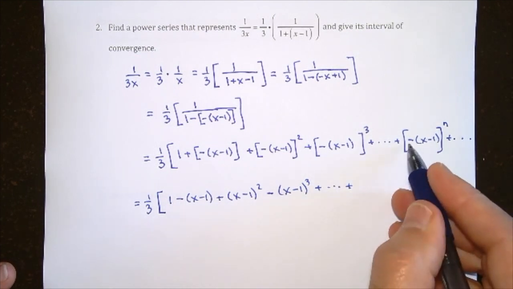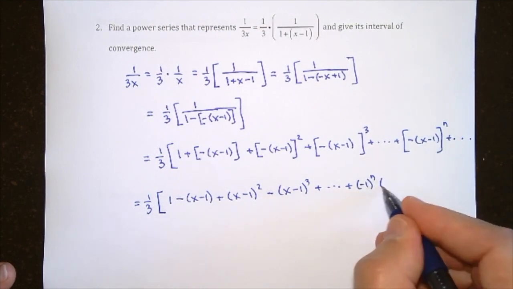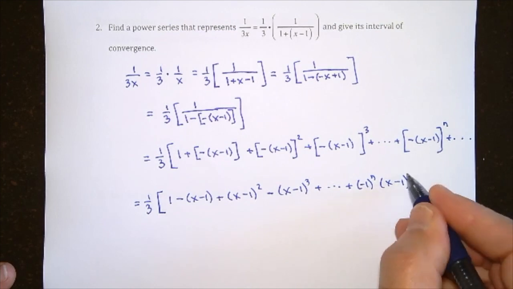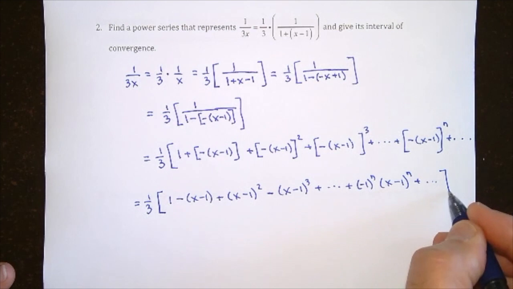And this is going to be plus negative 1 raised to the n, and then x minus 1 raised to the n, and then plus dot dot dot.